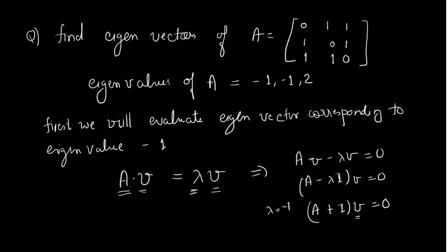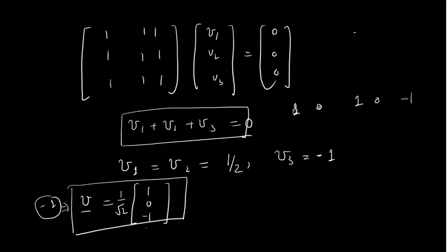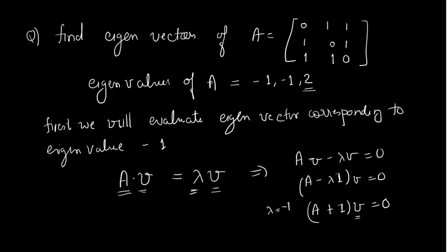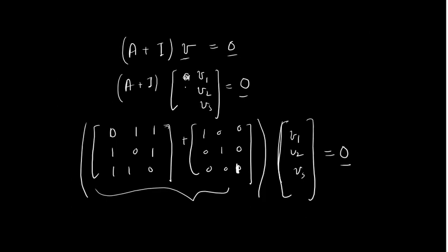Similarly, you can find the eigenvector corresponding to 2. For this you write (A minus 2I) and multiply it with some vector v.